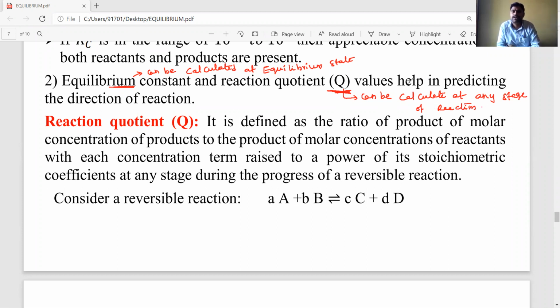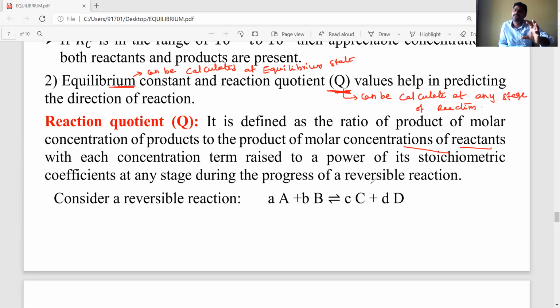Let's see what the definition of Q is and what the formula is. The reaction quotient Q is defined as the product of the molar concentrations of products to the product of the molar concentrations of reactants, with each concentration term raised to the power of its stoichiometric coefficient, at any stage during the progress of a reversible reaction.